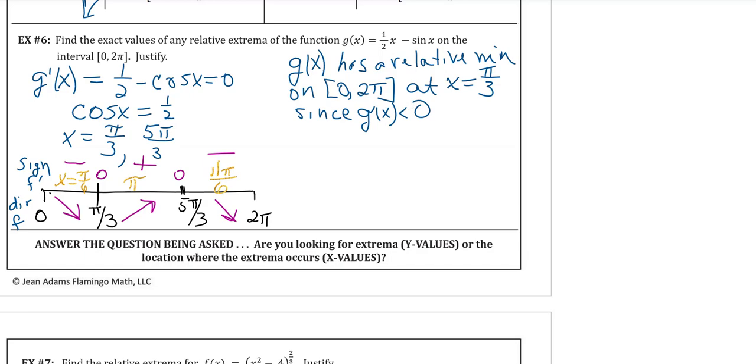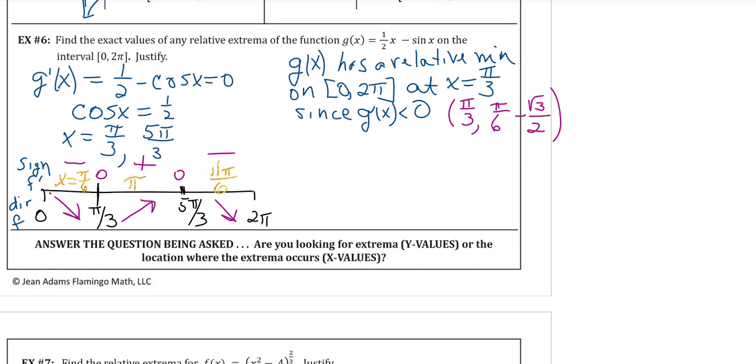And so that point is going to be pi over 3, comma, and when you substitute pi over 3 you get pi over 6 minus square root of 3 over 2. And you can just leave your answer like that.